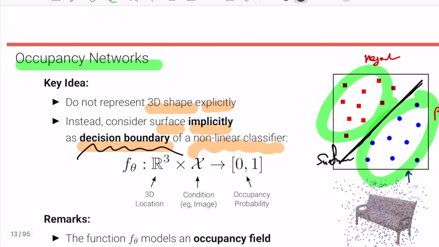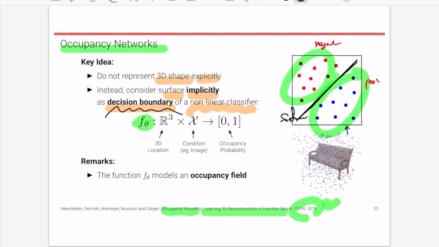In this paper, they defined f theta, where theta was the parameter and f theta was a kind of neural network. This neural network takes a 3D point in world coordinates, for example x, y, z, and a condition, for example images, if you want to reconstruct the 3D field from images, and it generates the occupancy probability.